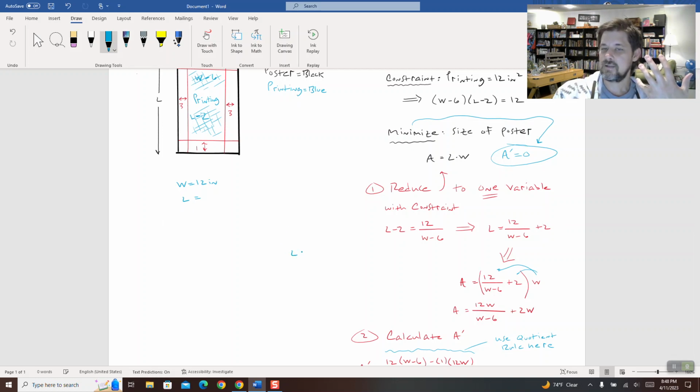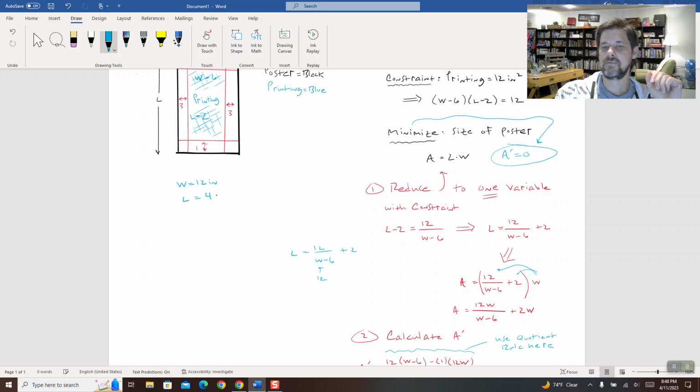We'll get L is 12 over W minus 6 plus 2. So W is supposed to be 12. Imagine if you put a 12 right there. 12 minus 6 is 6. 12 divided by 6 is 2, and 2 plus 2 is 4.